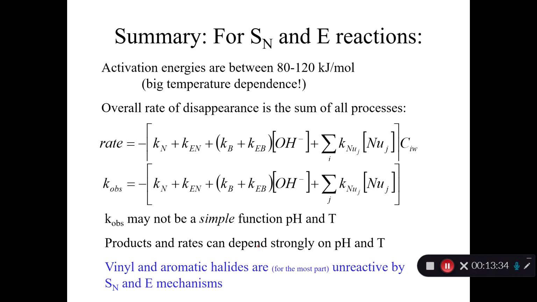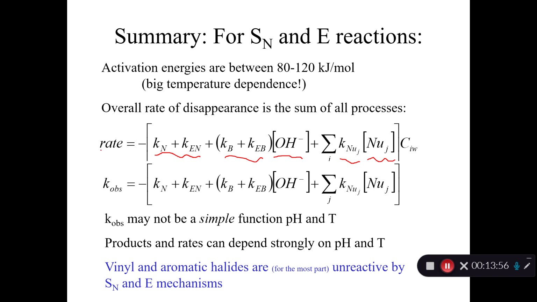So in any system where we have a chemical that could be reacting, if it has a decent leaving group, it could be reacting by a lot of different mechanisms. You could have the pseudo first order reactions here with water. You could have second order reactions here with hydroxide as the nucleophile, and you could have potentially other second order reactions with other nucleophiles.